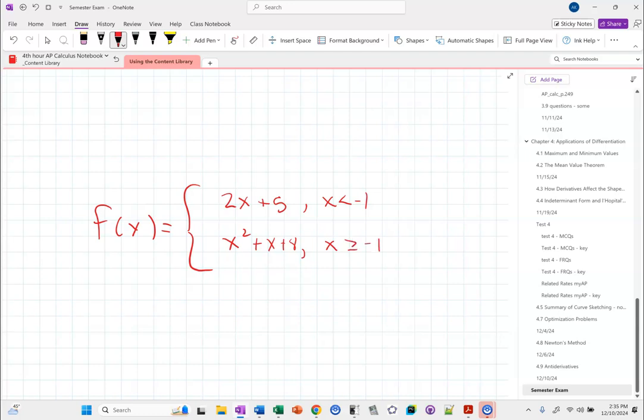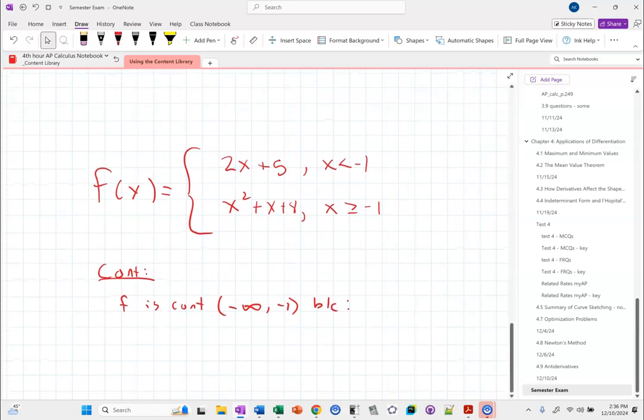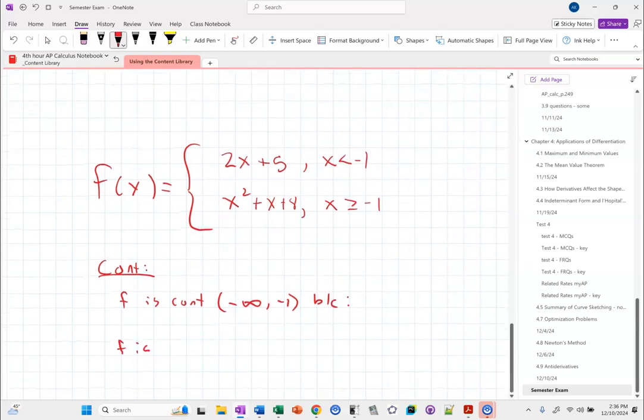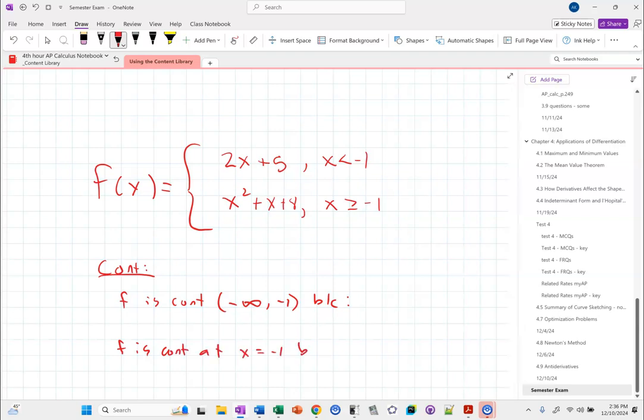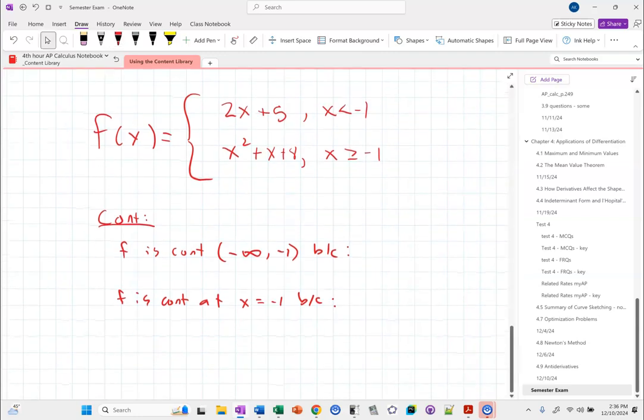All right, so let's say this is our piecewise function, and let's say we want to check continuity. I'd say f is continuous from negative infinity to negative 1 because something. f is continuous at x equals negative 1 because something else.